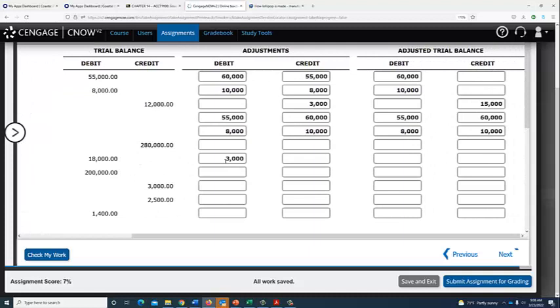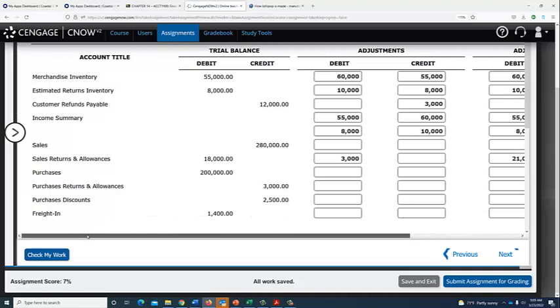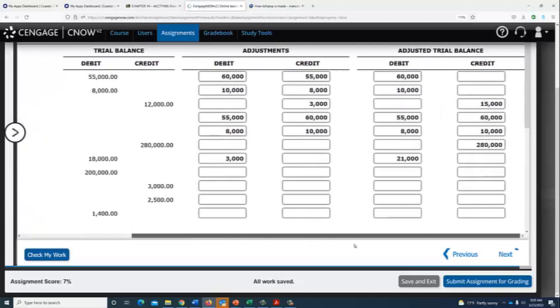So a debit and a debit we add, and we get a debit of $21,000. Let me put that revenue figure in there. It had no change. It was just carried over as a credit. Okay, the next account is purchases, purchase returns, purchase discounts, and freight. None of those changed. So we're just going to bring those over the way they were.